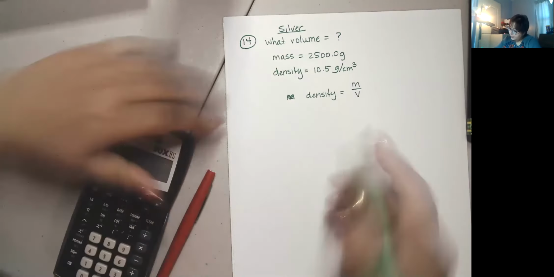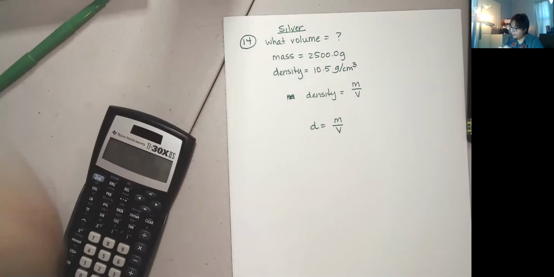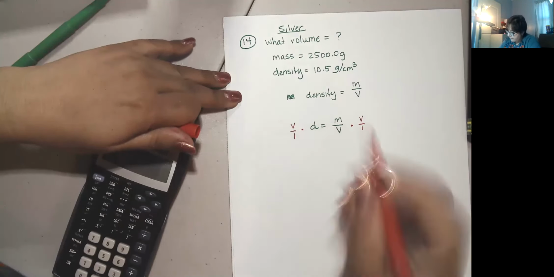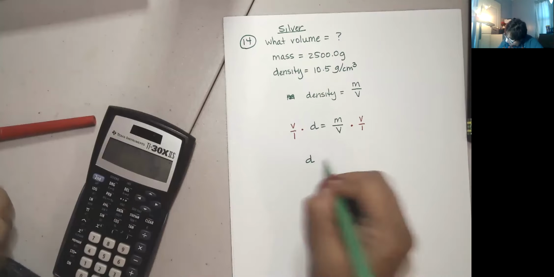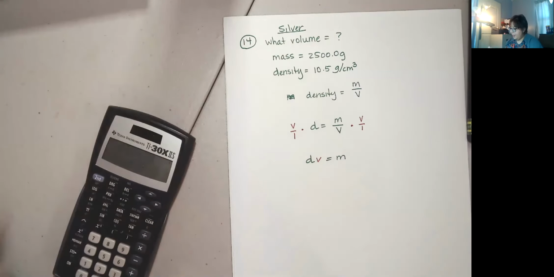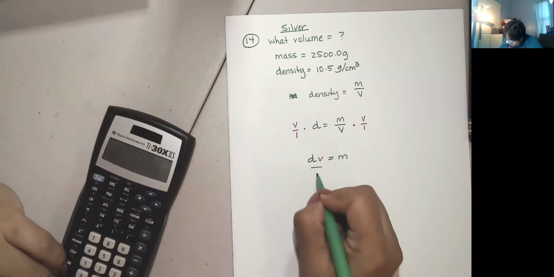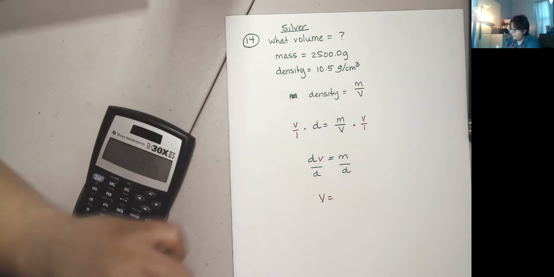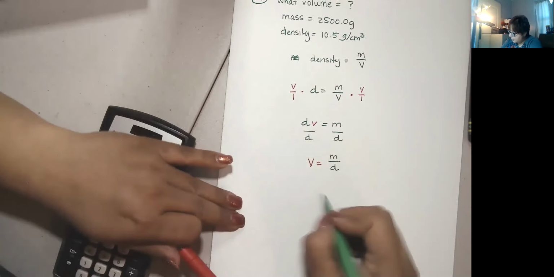So if we show our steps here, D is equal to M over V. I'm going to multiply both sides by V over 1, and I'll end up with dV equals M. And I'm still trying to get volume by itself, so now I'm going to divide both sides by density, and I'll end up with V is equal to mass over density.